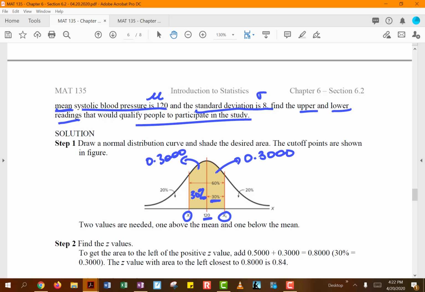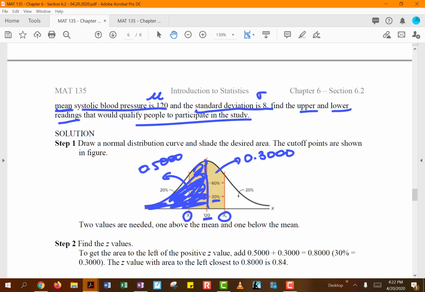However, if I think from the mean, so from the middle right here, all the way till the left tail, all of this area is of course going to be a total of, so if you think of this entire area here, this is going to be 50%, right? 0.500.